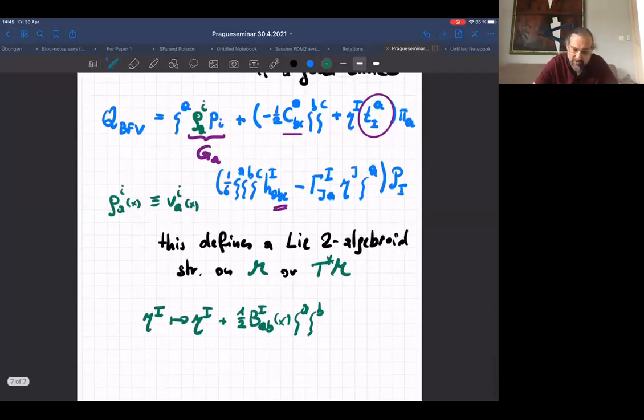And one thing which you see from this line here is that if I change eta like this, then the structure functions will change. Let me show you how they change. So this induces, among others, that the H changes by something like dB.